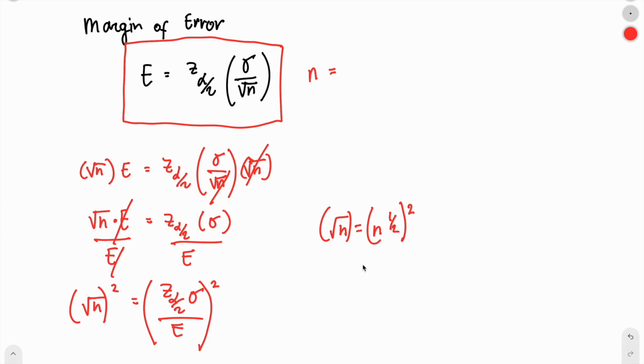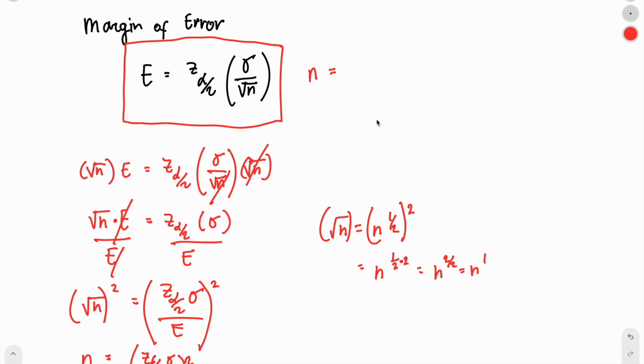By law of exponent, we have n to the 1/2 times 2, which is equal to n to the 2 over 2, or n is equal to 1. So we have successfully removed the square root here, and we have n equal to, no, not square root, z alpha over 2 sigma over e, all to the power of 2.